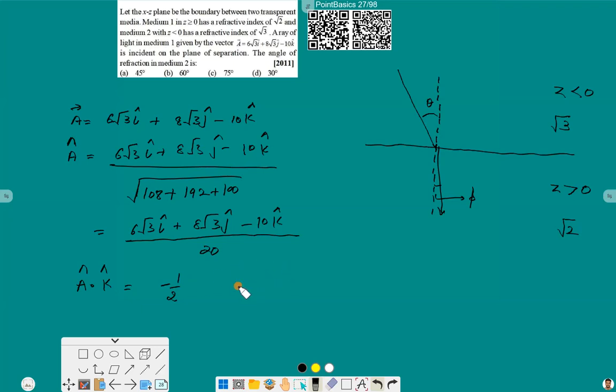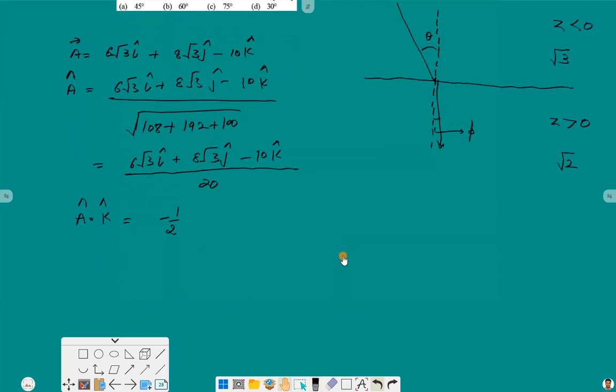Now when we are doing a dot k, let me show you how we take normal dot products. Suppose this is vector A, this is vector B, and this is angle theta. When we take the dot product A dot B, we get A B cos of theta. So the angle between them is what we are getting.